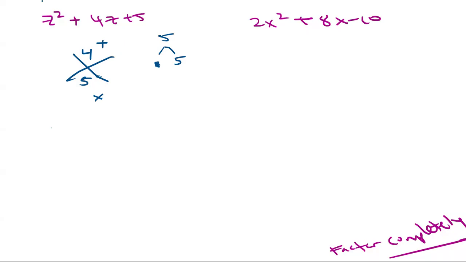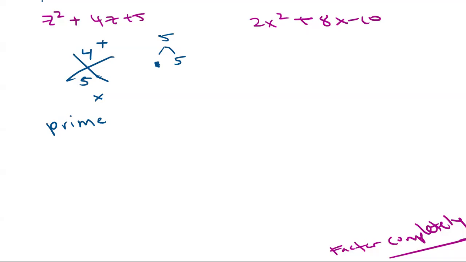In this case, this is called prime. Of course, there are other methods of trying to factor this, but we won't learn them until we get to 132 college algebra. So we can't just straight factor it like this, then it's called prime.